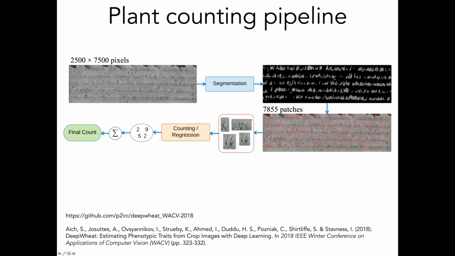So these patches are connected areas where we see leaves, and those patches are the red boxes here. Those are the patches that were counted by the plant scientists as training data. And then that was used to train this counting network, a similar counting by regression approach as we did for leaf counting. And so then per patch, we estimate a count and then sum those counts up to get the final count for the overall plot.